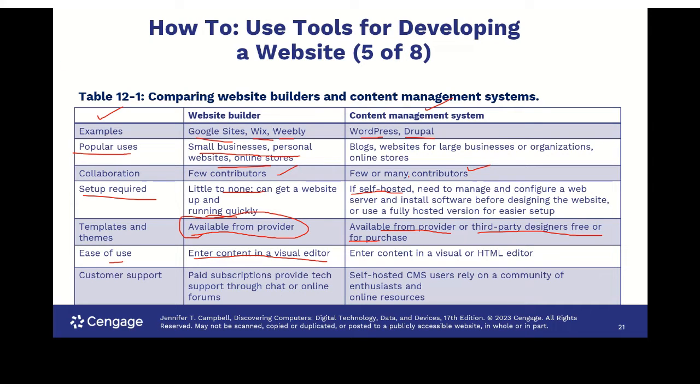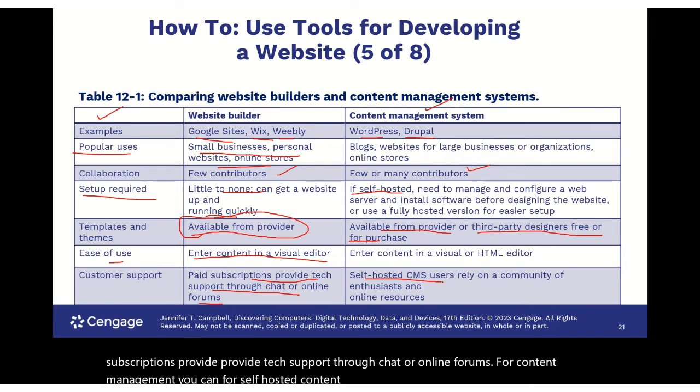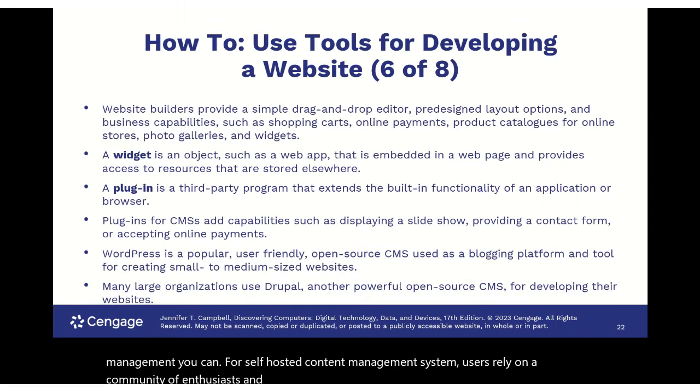For customer support, website builders offer paid subscriptions that provide tech support through chat or online forums. For a self-hosted content management system, users rely on a community of enthusiasts and online resources.